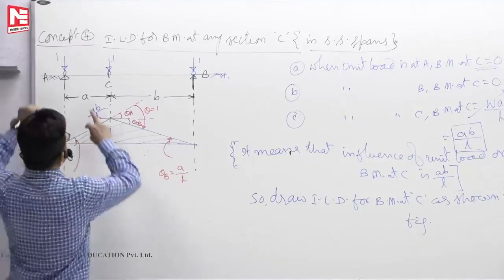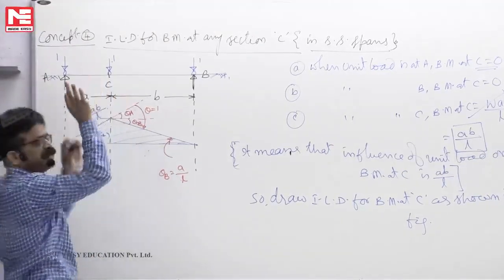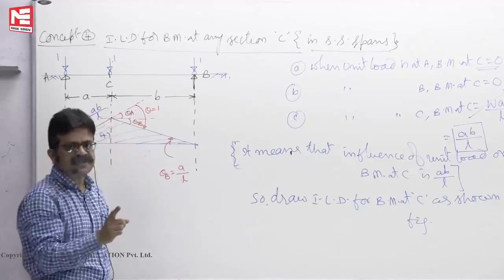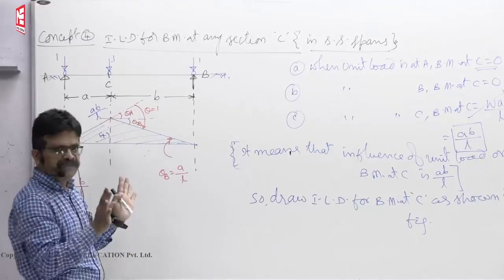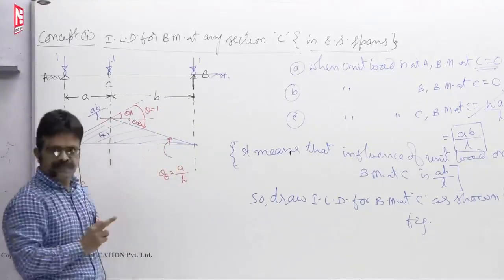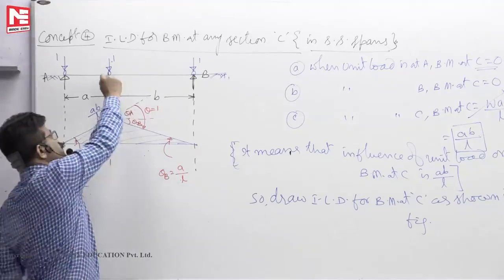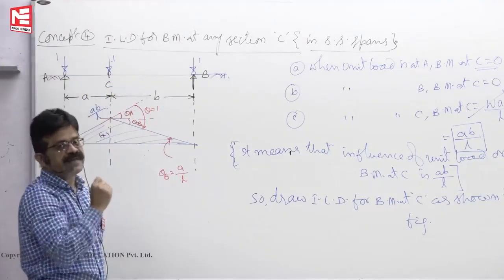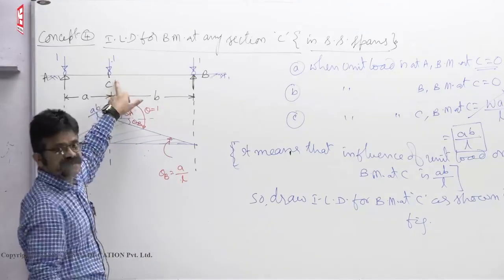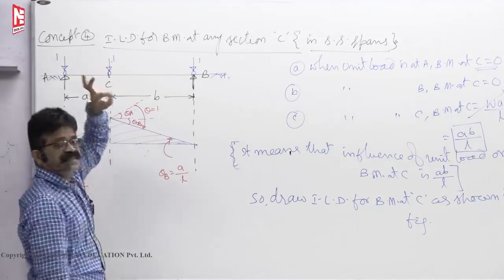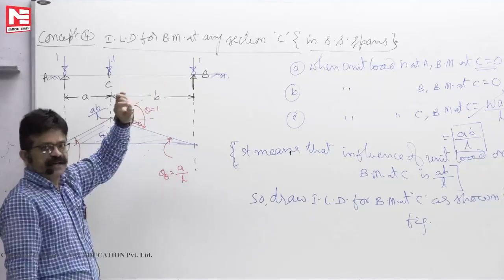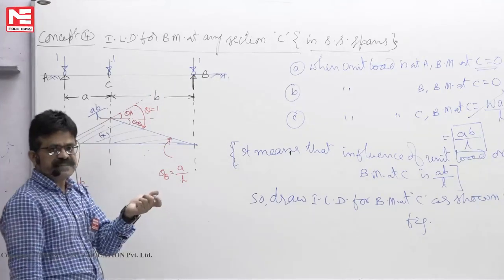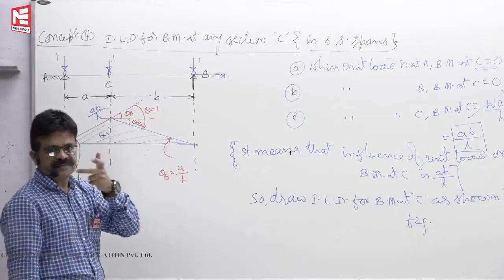What he said was, if you want to draw ILD for bending moment at any section C in a simply supported beam or any beam without removing the supports, assume an imaginary hinge at the point where you want to draw ILD. So, in this case C. So, assume an imaginary hinge at C. Assuming an imaginary hinge at C means releasing the moment at C.